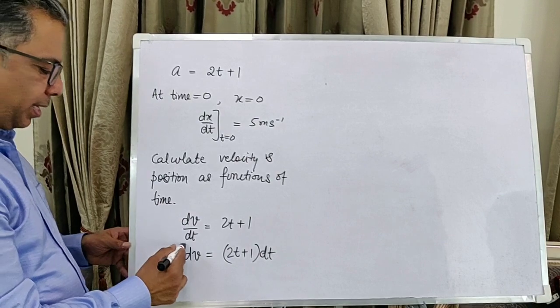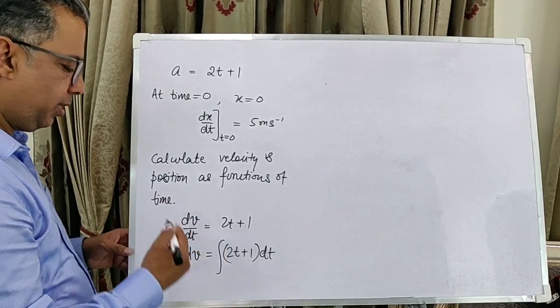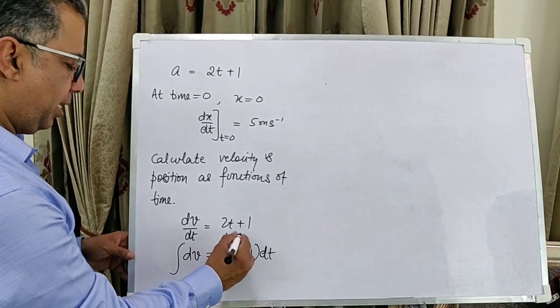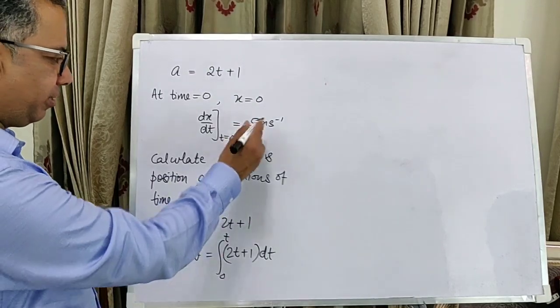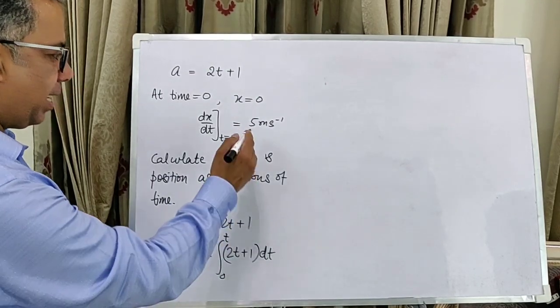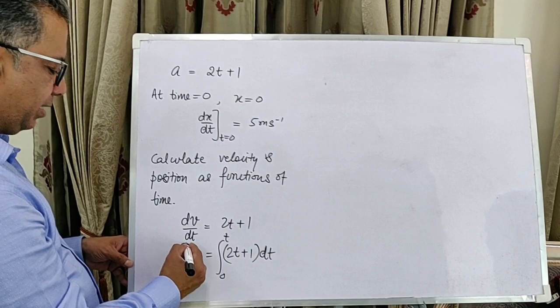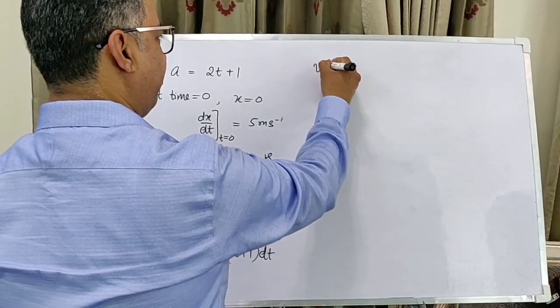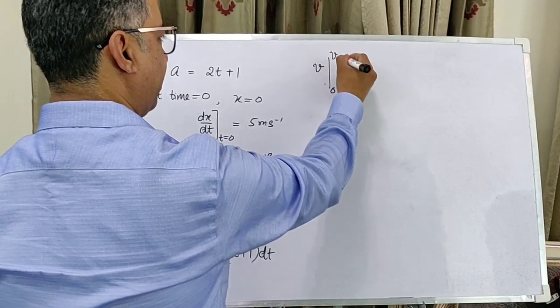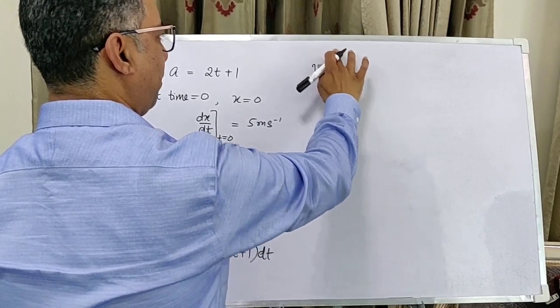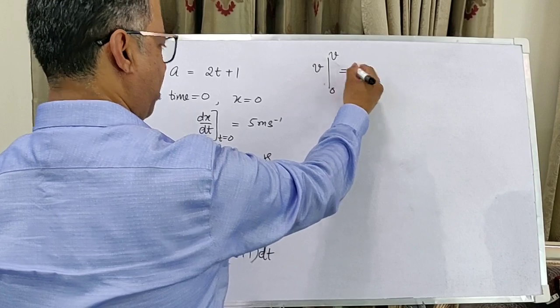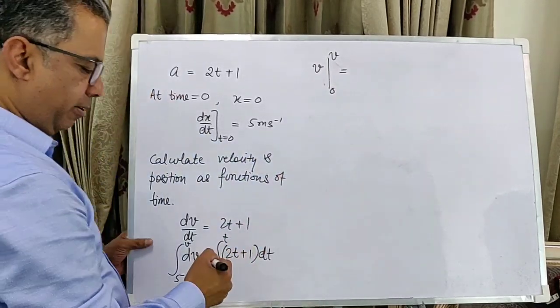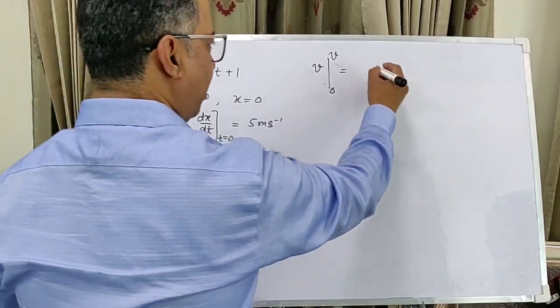Let's now integrate both sides of the equation, 0 to t, and at 0 time the velocity was 5. At time t, let's say the velocity is v. So on integrating dv, we get v from 0 to v, and on the right hand side we have the integral of 2t plus 1 dt.